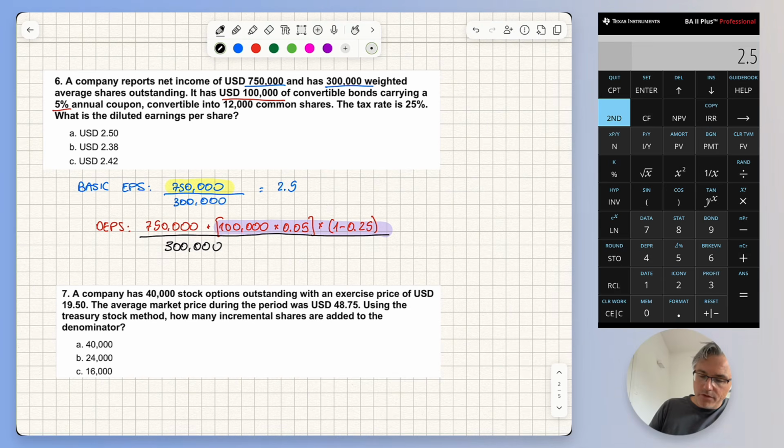We divide this by the number of shares, but adjusted for the conversion. So the previous number of shares, 300,000, is there. But now we also take into account the fact that these bonds are convertible into 12,000 common shares.